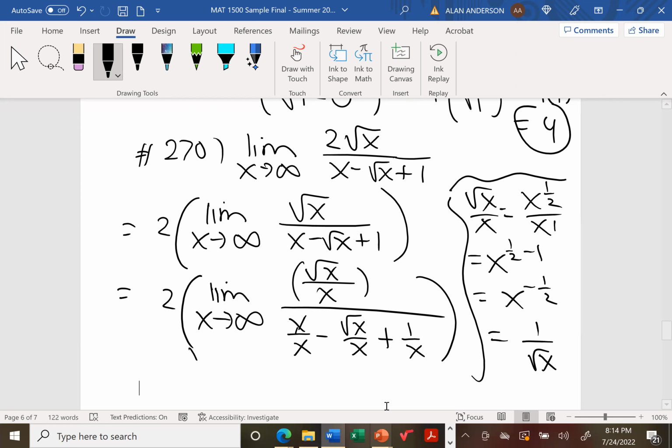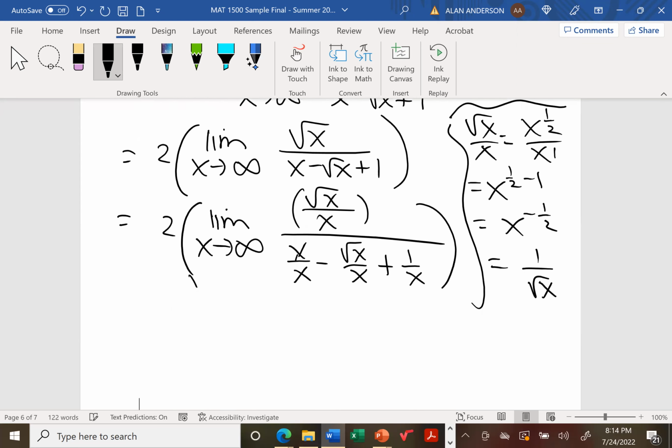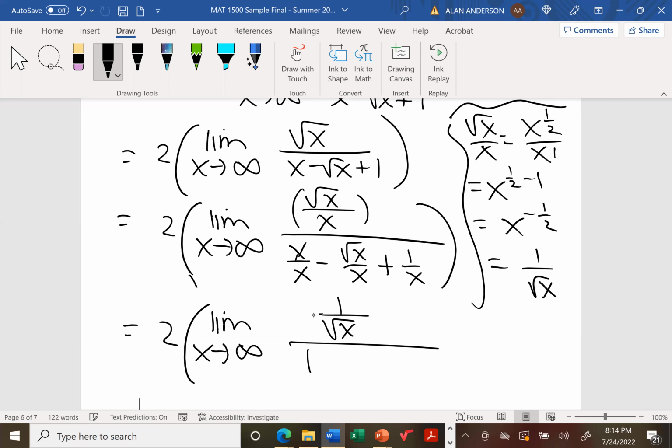Okay, very good. So now you can see we may end up in pretty good shape, because the numerator will be 1 over radical x. The denominator will be 1 minus, again, 1 over radical x plus 1 over, just plain x, sorry.